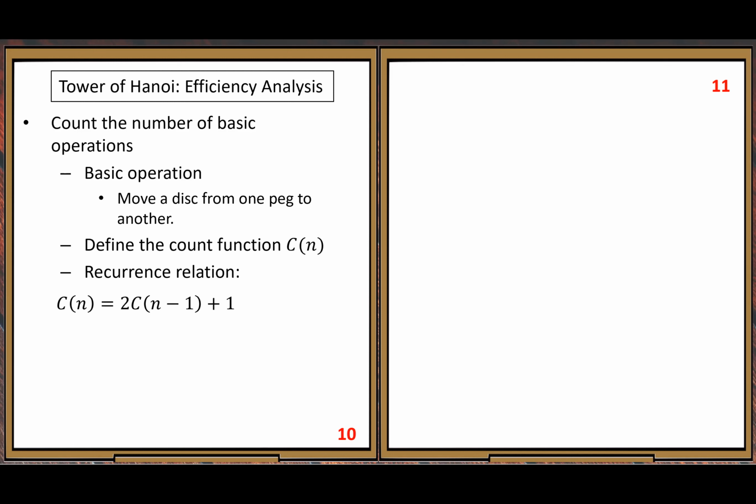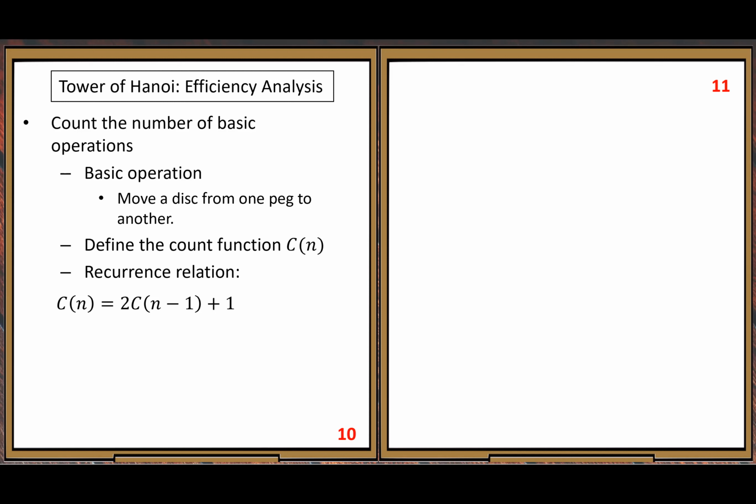That is the formula. C of n, the disk moves for the n-disk problem. Remember, you need to solve the n-1 disk problem twice, right? Based on our procedure, twice, so you need 2 times C of n-1.